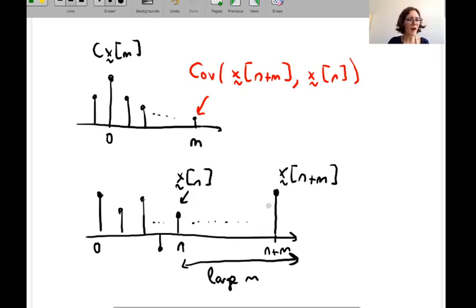This is the idea: covariance decaying to 0 means that each sample brings some new innovation, some new information, into your estimate of the mean of your random process.